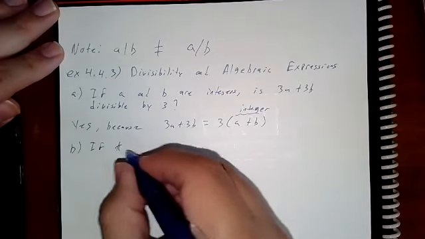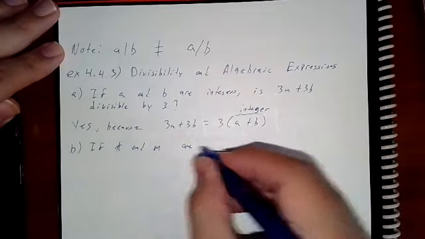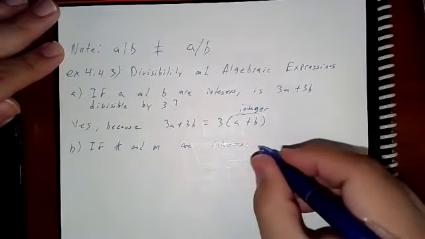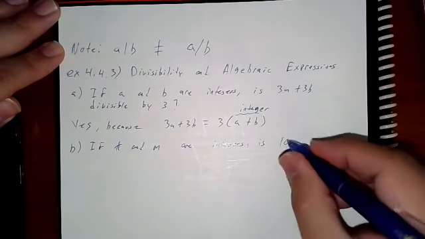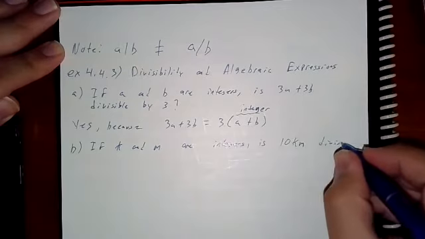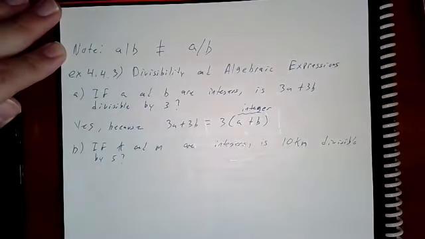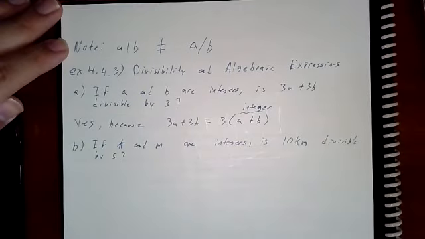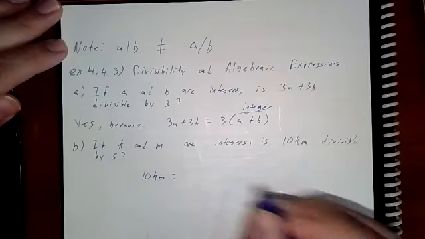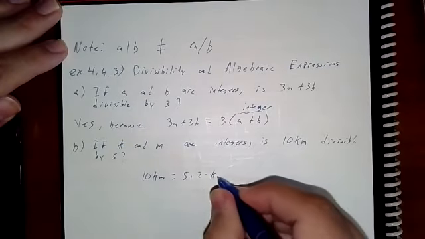If K and M are integers, is 10km divisible by 5? Well, 10km can be rewritten as 5 times 2 times k times m, right?